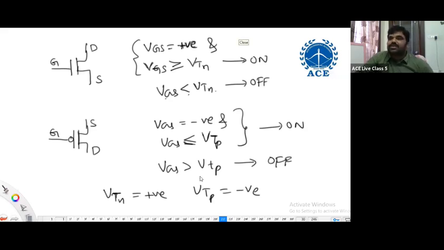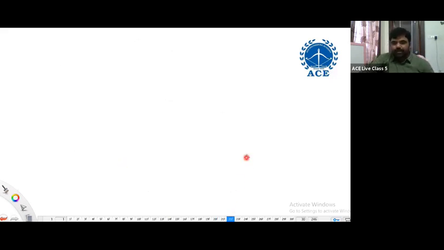That is the reason in our digital ICs, we never use depletion MOSFET. We prefer to use enhancement MOSFET only. Enhancement MOSFET has better control, whether the switch is on or off. That is the reason we prefer to use enhancement MOSFET only.